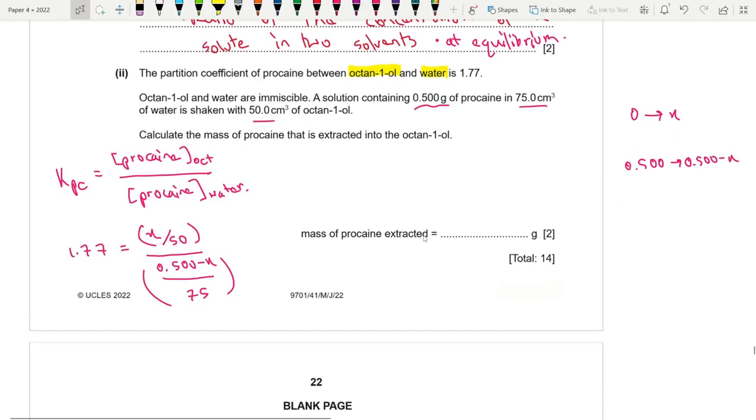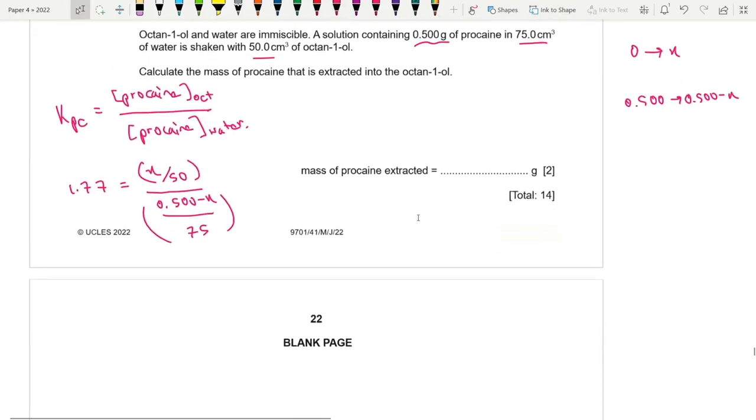So if you perform the reciprocal, what's going to happen exactly? 1.77 is equal to, like, 75 is going to go to the numerator. So 75 by 50. 75 by 50 gives you an answer of 1.5. Do you get what happened? 75 into x by 50 divided by 0.5 minus x.